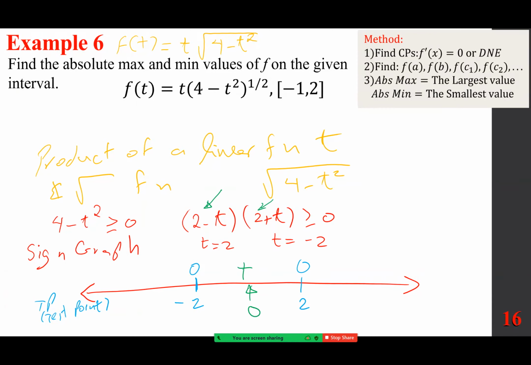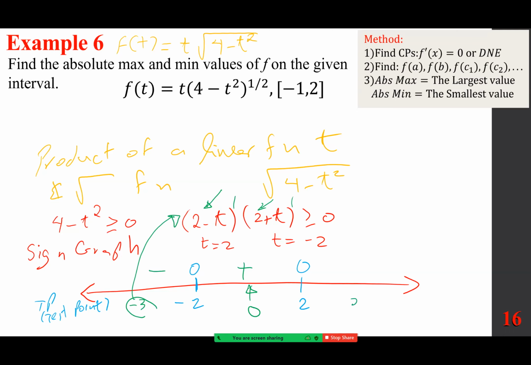On the left side, you don't really have to pick a test point. They alternate because each one is of degree 1. Whenever it's odd degree, it alternates. But if you want to pick a test point here, you can pick -3 and put it in here. Notice if you put -3, the first one is positive, the second one is negative, their product is negative.